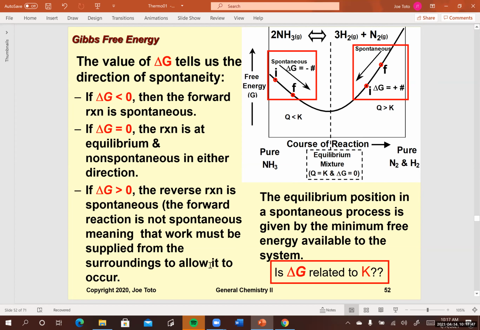Negative. Yes, it's got to be negative. And if it comes out positive, that means that that process is non-spontaneous as written, but it implies that the opposite is spontaneous, right?